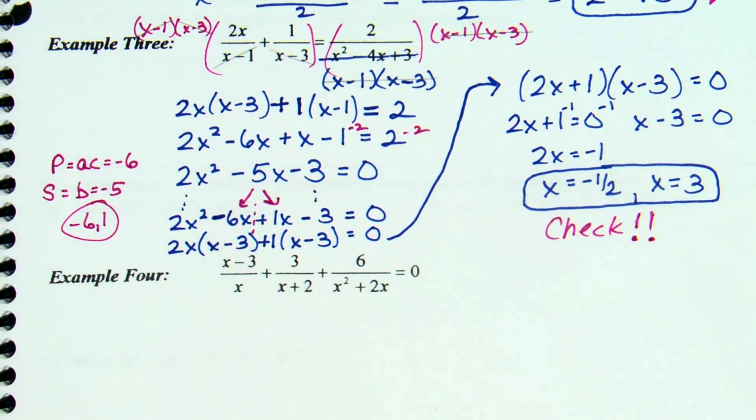Look at your original problem. What do we know about denominators? What can denominators never be? Denominators can never equal 0, correct? Just not possible. What do you notice about one of my answers?